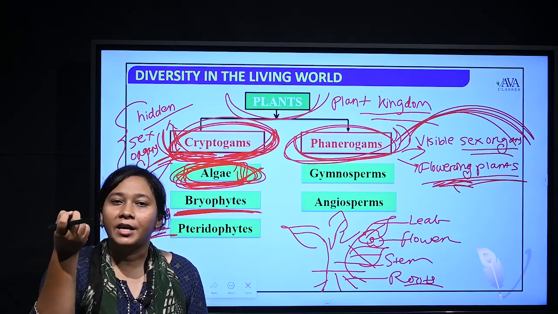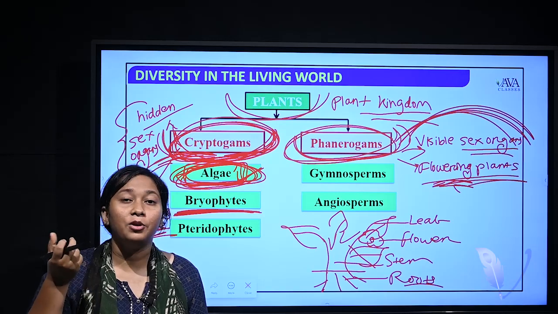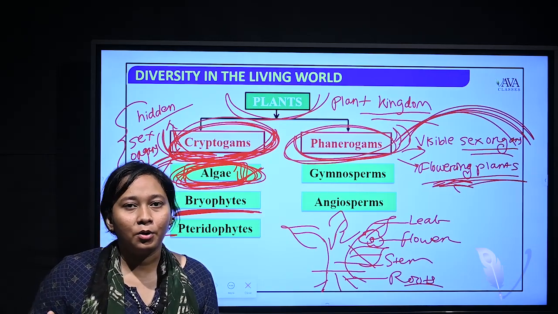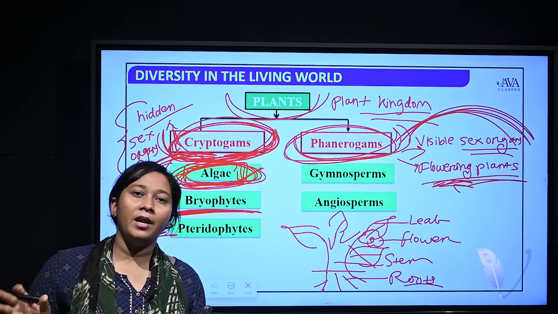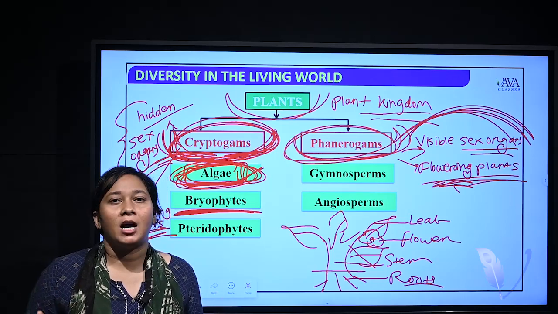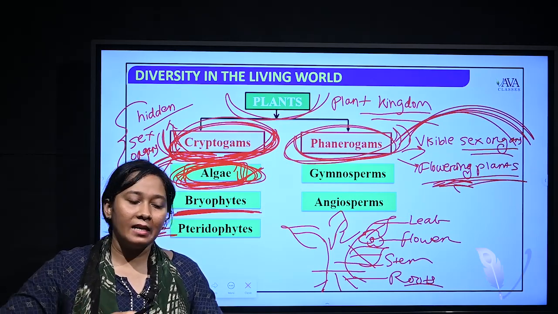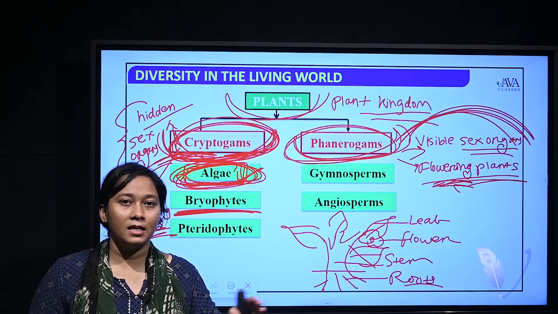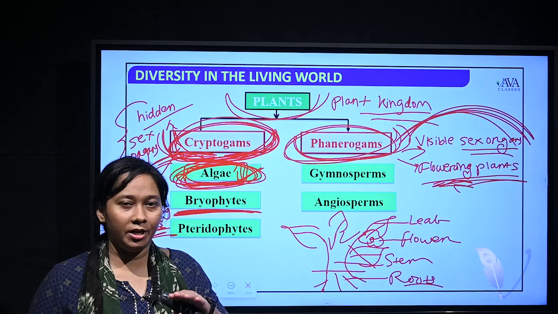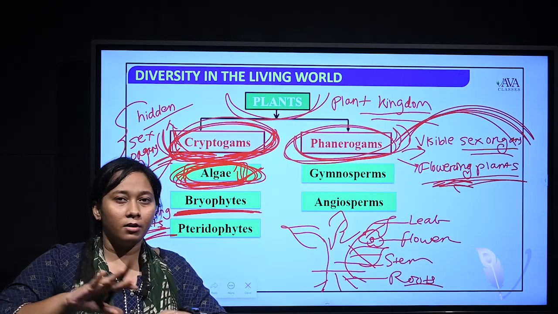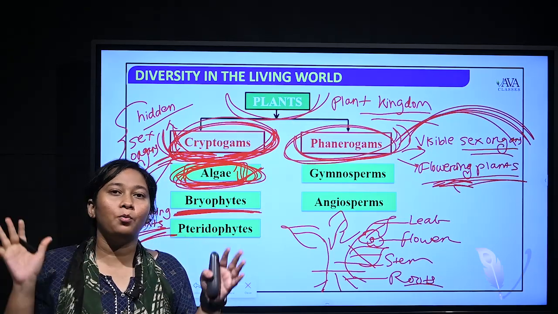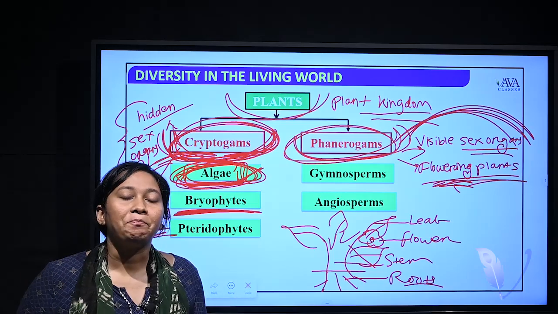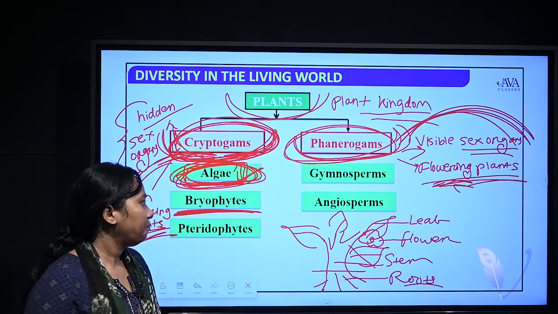Very tiny, unicellular structures, but they spread quickly and vastly, so that they completely cover the pond like a green canopy. That is your algae.